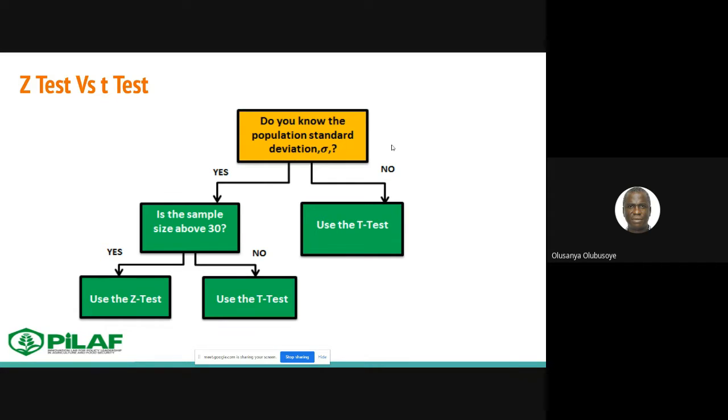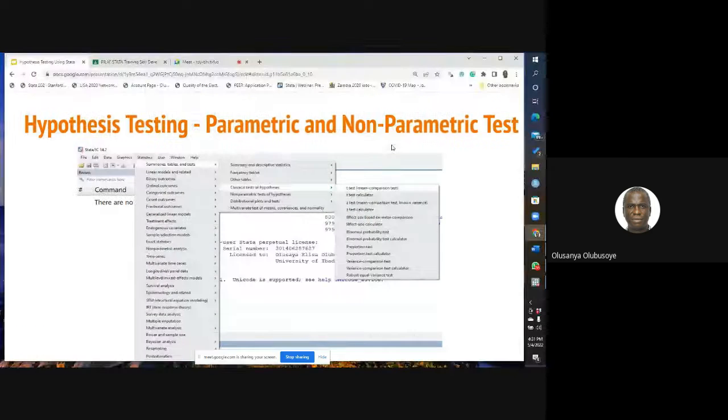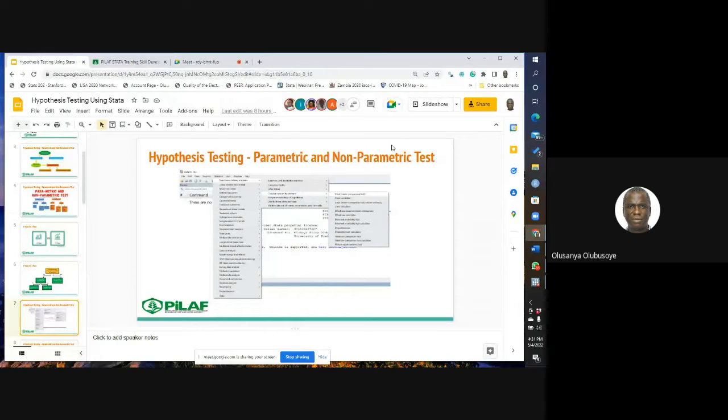For those who know statistics, that is the result of the central limit theorem. So I think with that background, let me just stop to see if there are quick questions that I need to respond to.